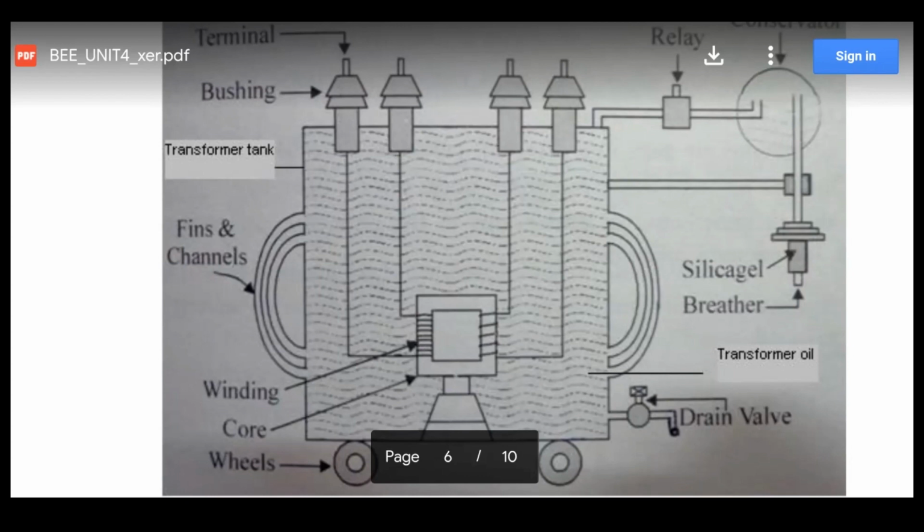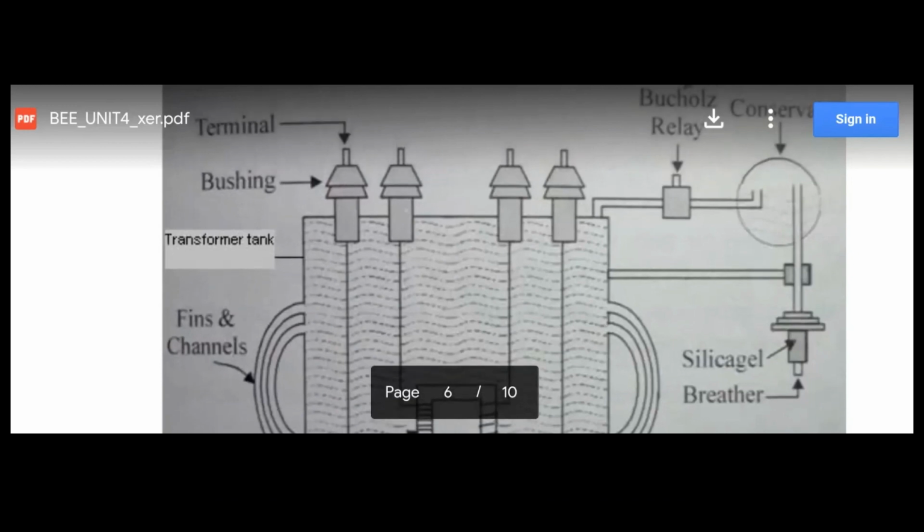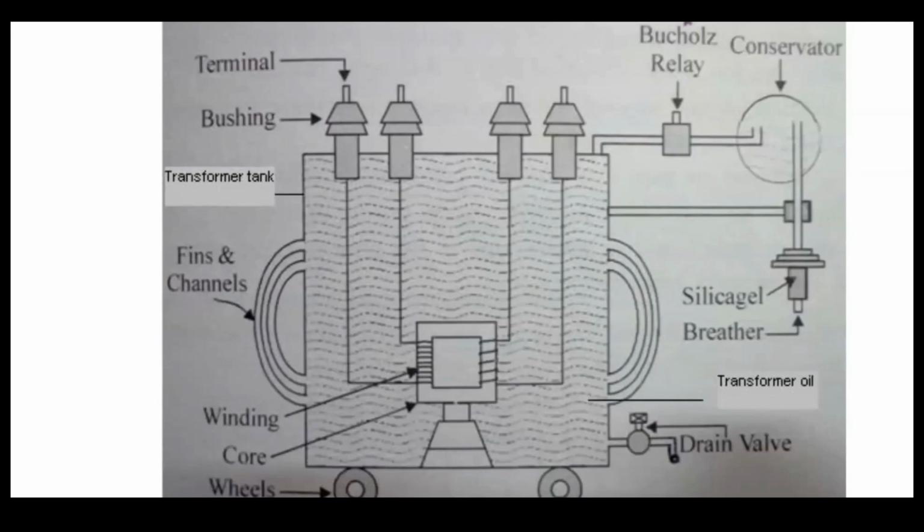Okay, so to maintain the full capacity, or the 100% capacity, of the transformer oil, a half filled cylindrical body is connected in a tapered manner using a pipe, and this is called the conservator as shown.